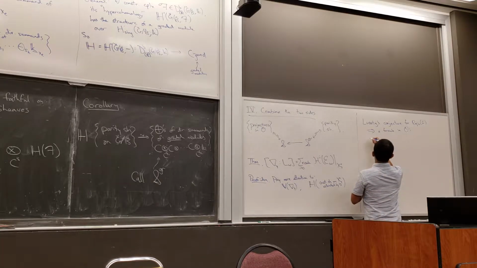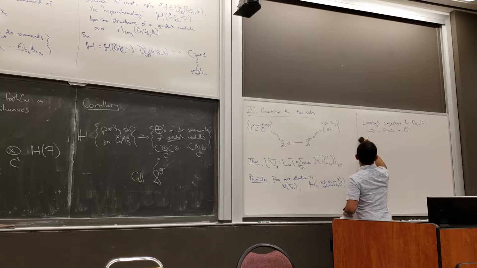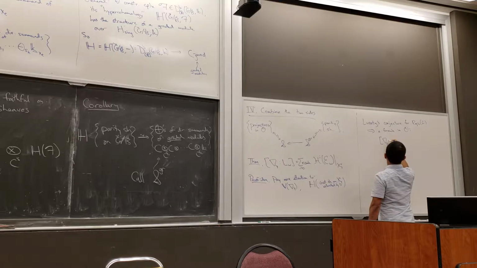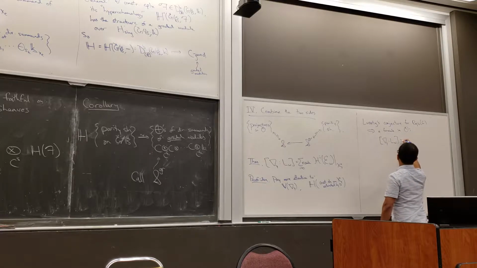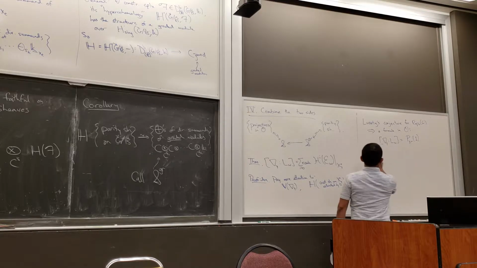So the statement is that the multiplicity of LW in nabla Y should be equal to the Kazhdan-Lusztig polynomial PYW evaluated at 1. And so let me remind you that these Kazhdan-Lusztig polynomials had a topological interpretation.